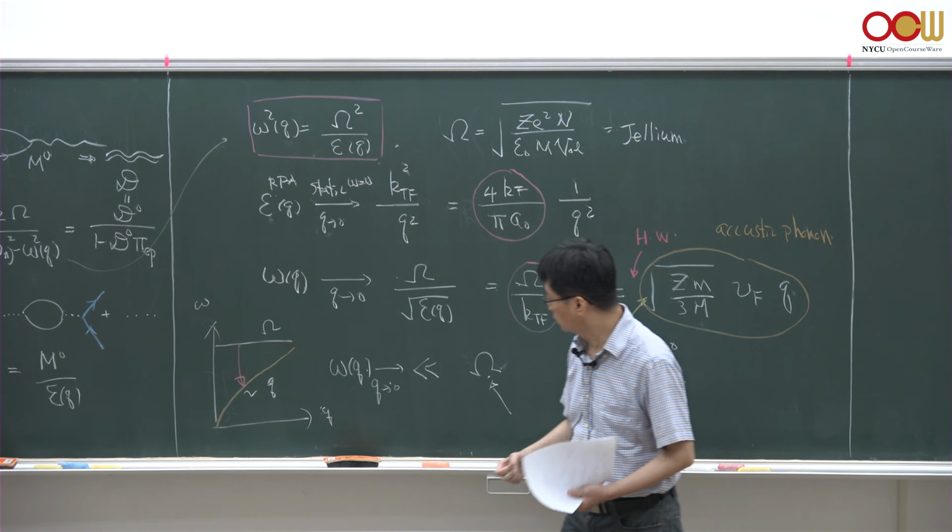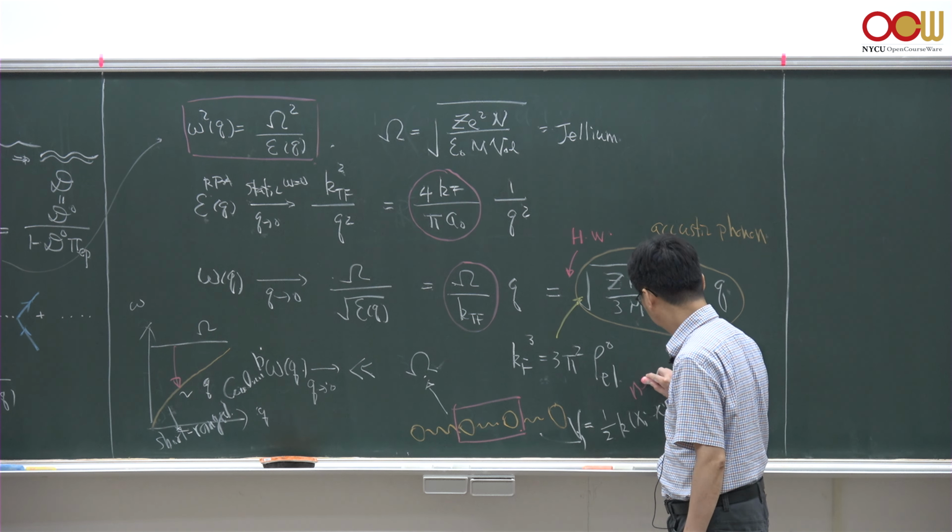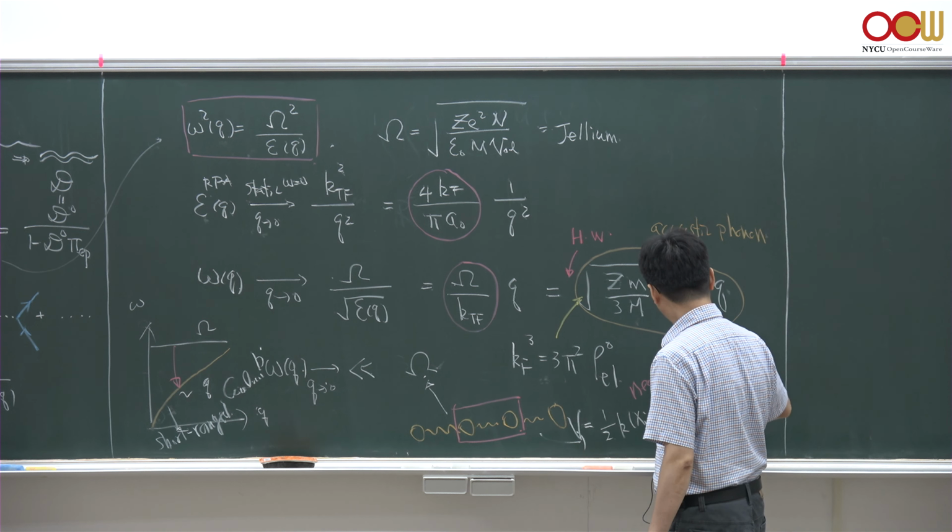And now you know the reason why we get acoustic, because here in this harmonic oscillator chain problem, we only consider nearest neighbors. So the nearest neighbor interaction between the atoms along the chain really mimics this short-range screened Coulomb potential.